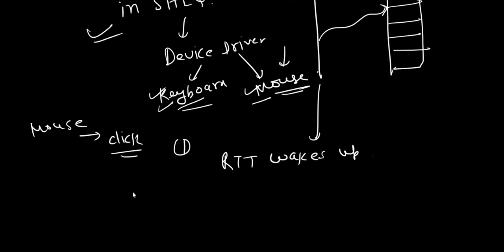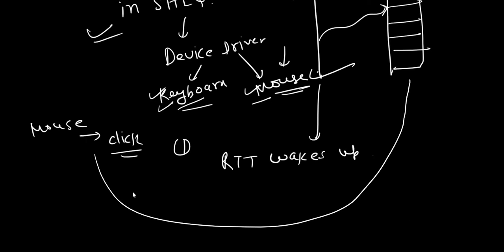When a user presses any key on the keyboard, this raw input thread will also wake up. Apart from this, the device driver will put an entry here in the system hardware input queue. What will it put? WM click, this is the mouse message. So this will be placed here, right?